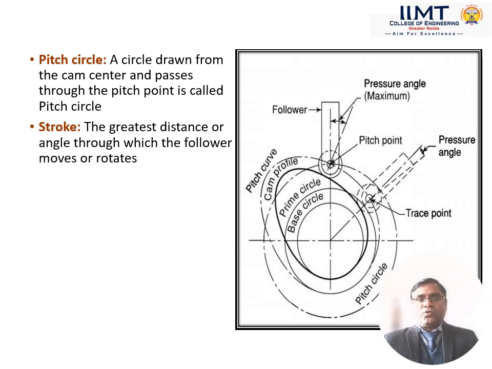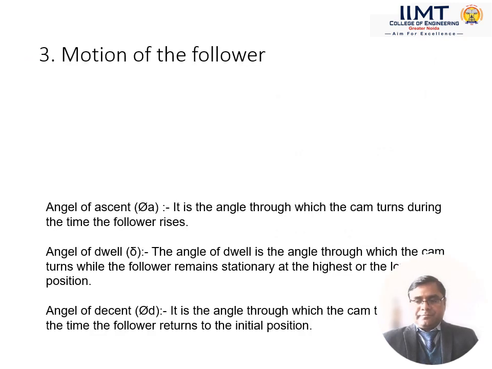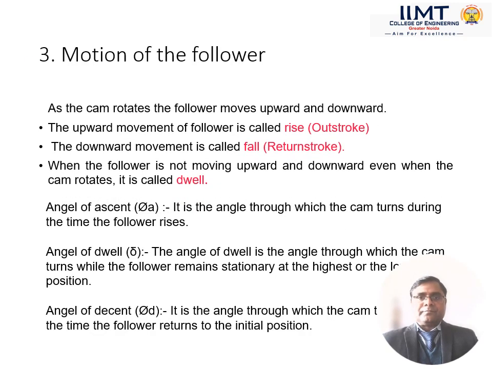Next one is the stroke, basically the greatest distance or the angle through which the follower moves or rotates. If you talk about the follower motion, there are three types of motion: rise, fall, and dwell.